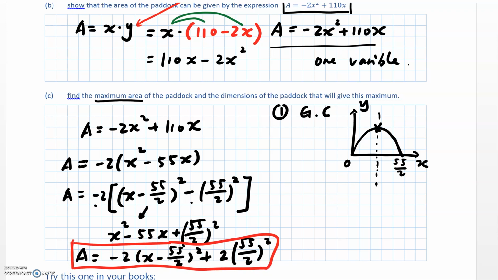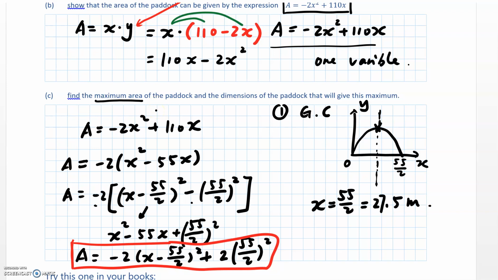Now we know that x equals 55 over 2. This is the axis of symmetry, and this is also the point where the quadratic will give its local maximum. The question asks for the dimension of the paddock that will give its maximum, so we know that x should be half of 55, in other words, 27.5 meters.